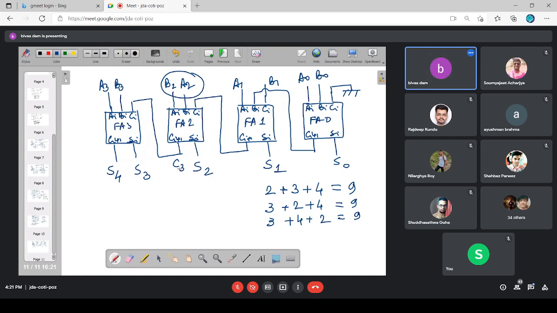I have just gone for this circuit interconnection to emphasize that for an adder, which signal is going to which input line does not actually matter. But if it was a subtractor, it would have mattered, isn't it? If you go for a subtraction operation, 2 minus 3 plus 4 or 3 minus 2 plus 4 will be different, isn't it?